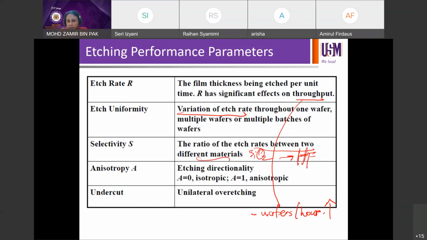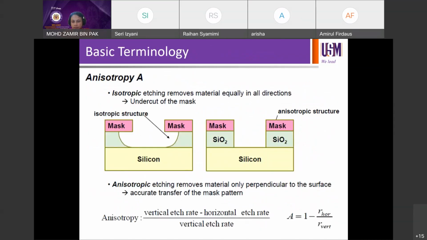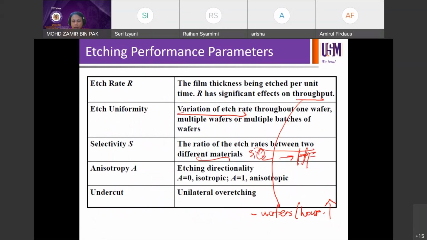You can recall the equation from yesterday: A equals vertical minus horizontal over vertical, then you can tell the anisotropy. If it's very one directional, then we call it a highly anisotropic etching process. So A equals 0 is perfectly isotropic, A equals 1 is perfectly anisotropic.